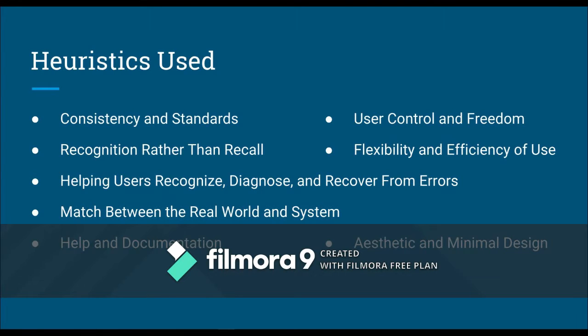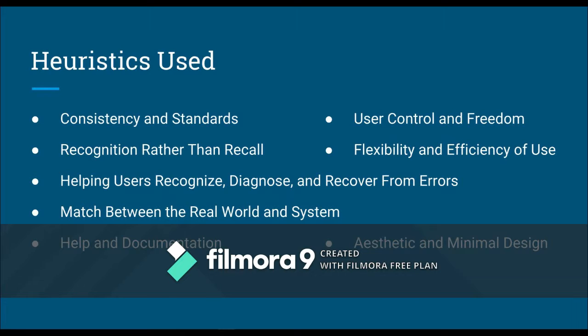In this research, we use a series of heuristics. For example, consistency and standards, where we talk about the steadiness of the site across all pages. User control and freedom, which is about the emergency exit the user has in case they want, for example, to undo something. Recognition rather than recall. Here we talk about how the human brain is wired to quickly create and recognize patterns.